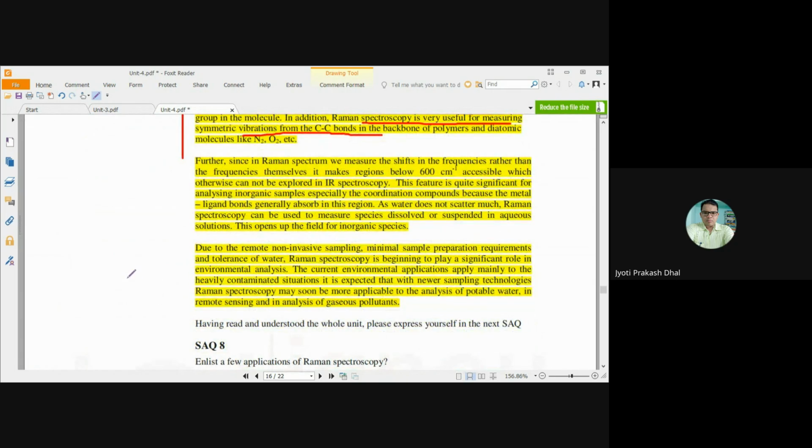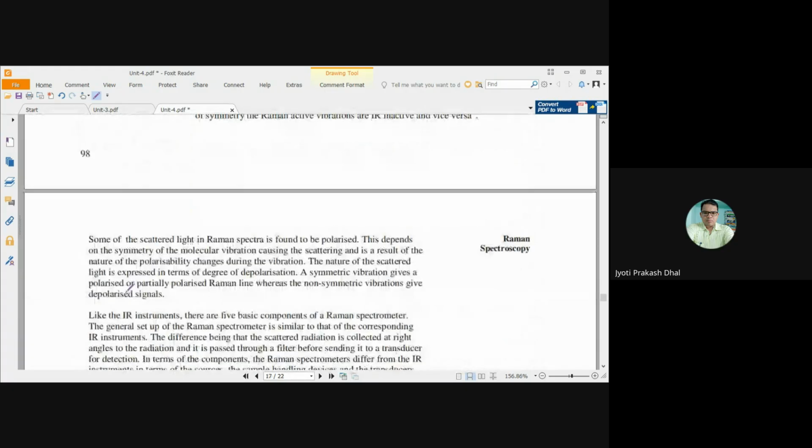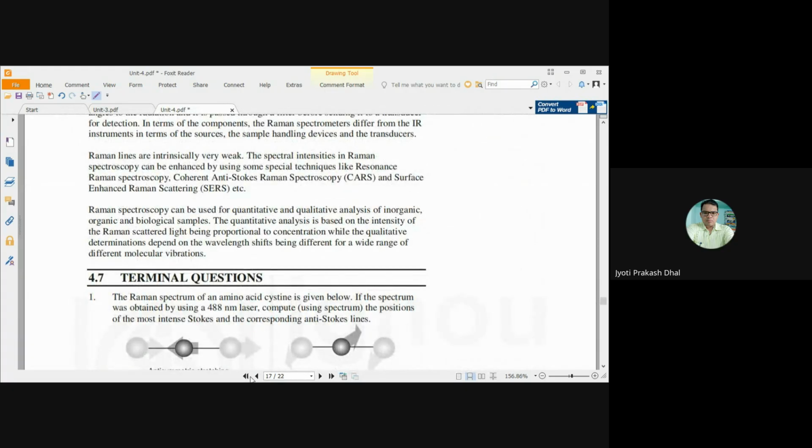So generally, we know that diatomic molecules like N2, O2 are infrared inactive. That means molecules which do not possess any dipole moment are infrared inactive, but they can be analyzed through Raman spectroscopy.